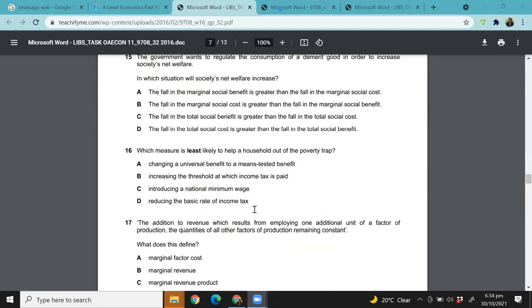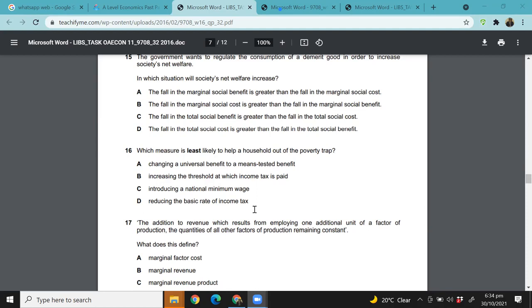Okay, 16 says, which measure is least likely to help a household out of the poverty trap? Changing a universal benefit to a means tested benefit, increasing the threshold at which net income tax is paid, introducing a national minimum wage, reducing the basic rate of income tax.